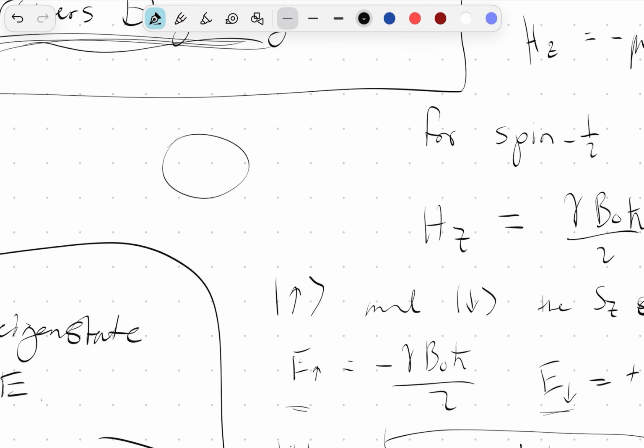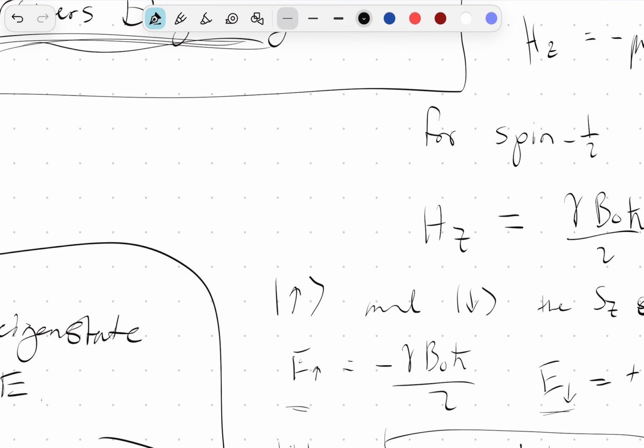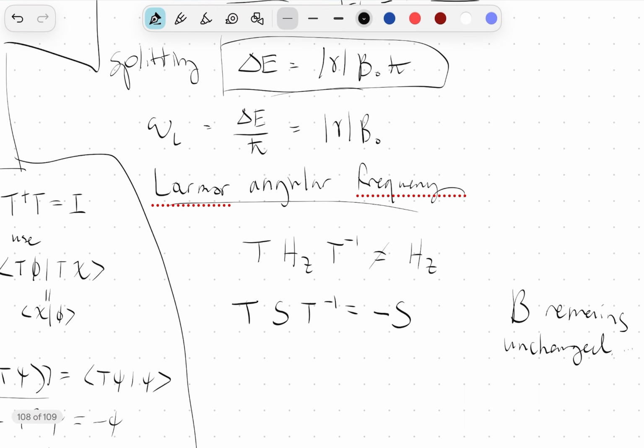If you've ever seen Zeeman splitting, you'll have the energy level, and then you'll see the rings of light. If you've ever played around with an electromagnet and looked through to see the Zeeman splitting happening as you turn the magnet on, that's basically what happens.